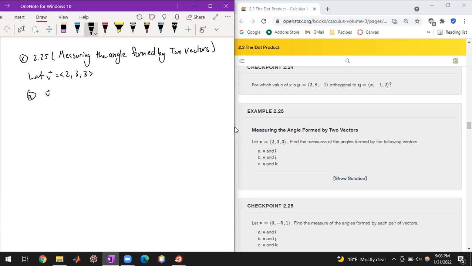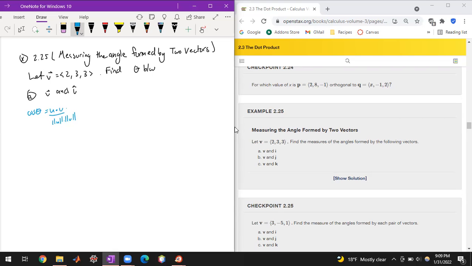So in part A, we're interested in finding the measure of the angle between v and the i component. This means we're taking the vector with component i.